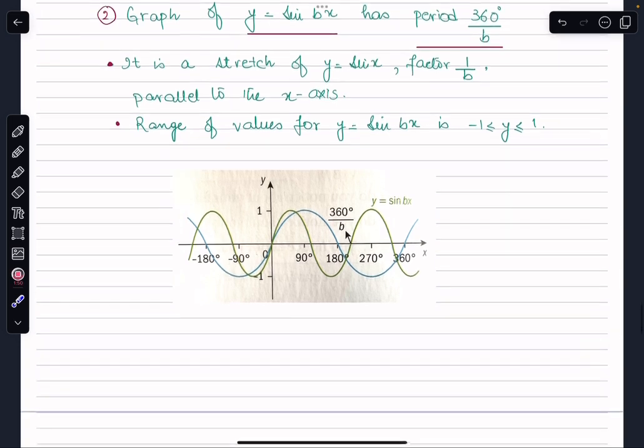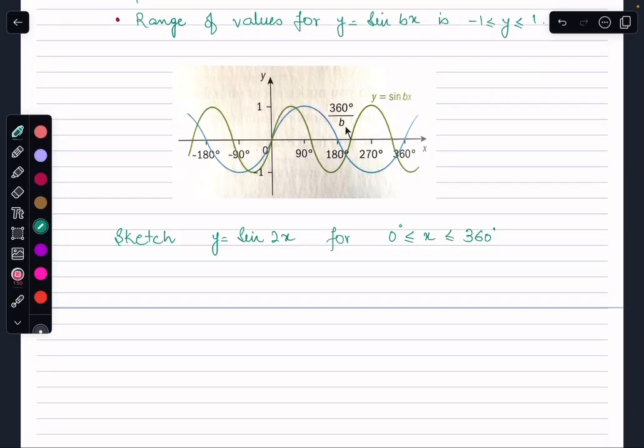So let's do an example. If I sketch y equals sine 2x for 0 degrees less than or equal to x less than or equal to 360 degrees. Now, we know that if we have sine of 2x, then this sine function is getting rotated twice. There are two rotations with respect to this b value, which is 2 here.